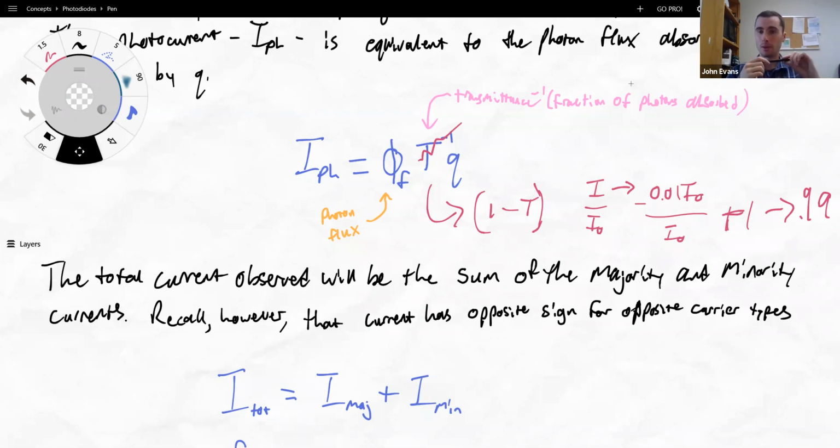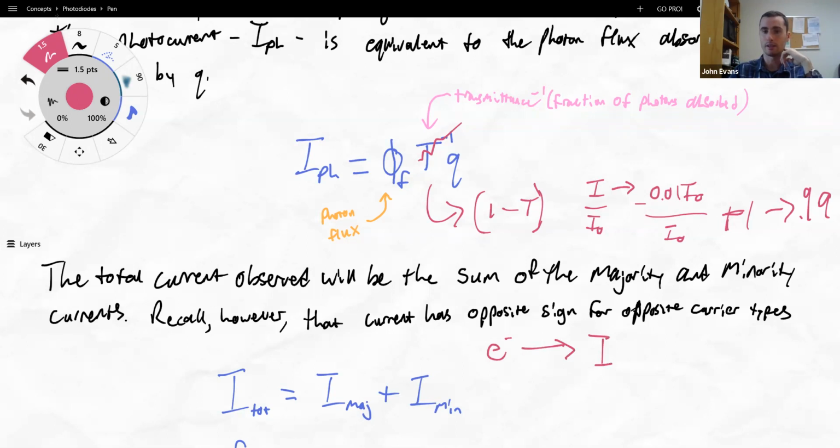And we do have to consider that the current for minority carriers and the current for majority carriers have opposite sign. If I have electrons going in this direction, this is actually considered negative current if we're considering it to go this way. If we have a hole going this way, that is considered positive current. So we just have to flip that sign.